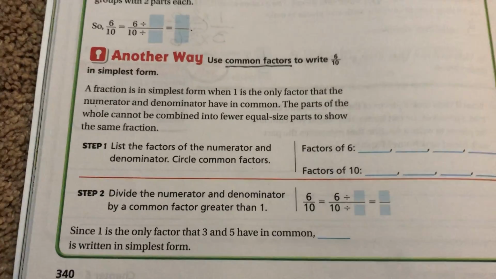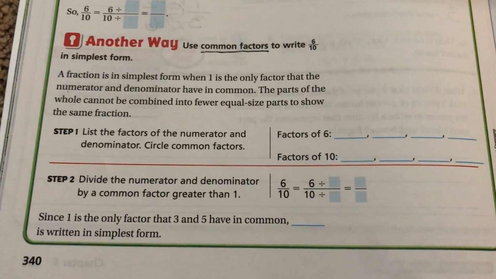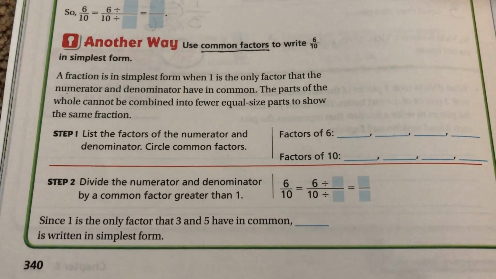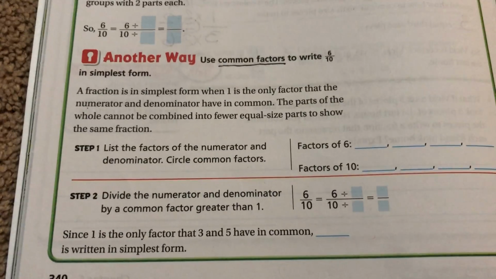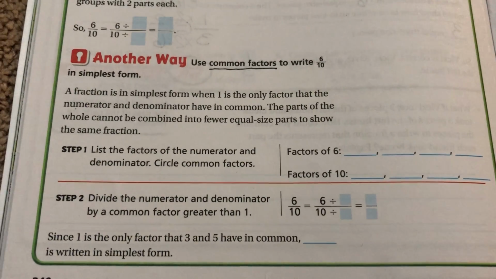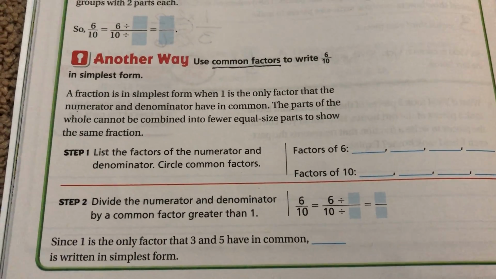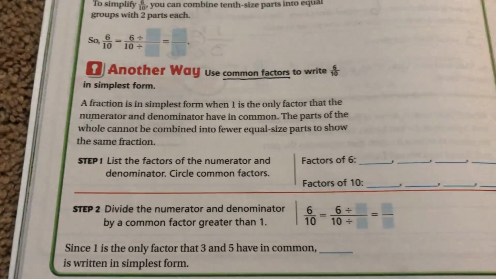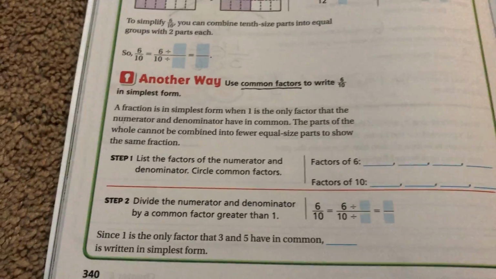So if you look here, a fraction is in simplest form when 1 is the only factor that the numerator and the denominator have in common. The parts of the whole cannot be combined into fewer equal-sized parts to show that same fraction. If they don't have any other factors other than 1, then it would already be in simplest form.